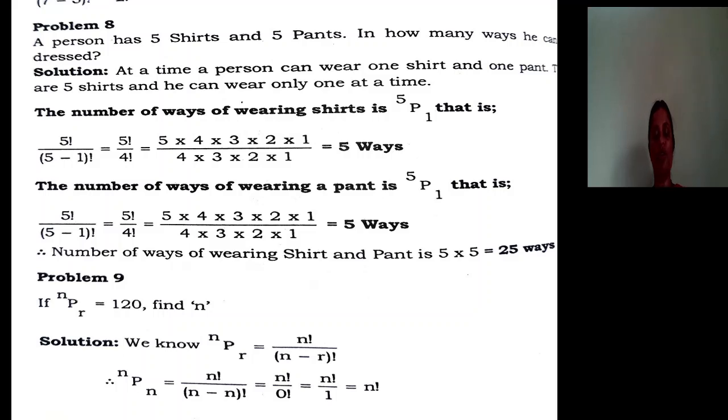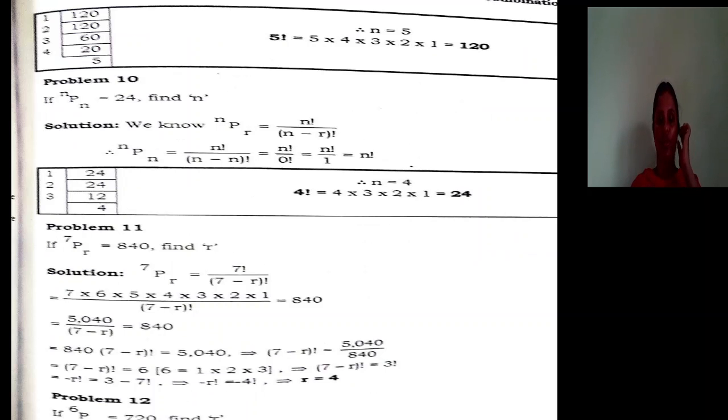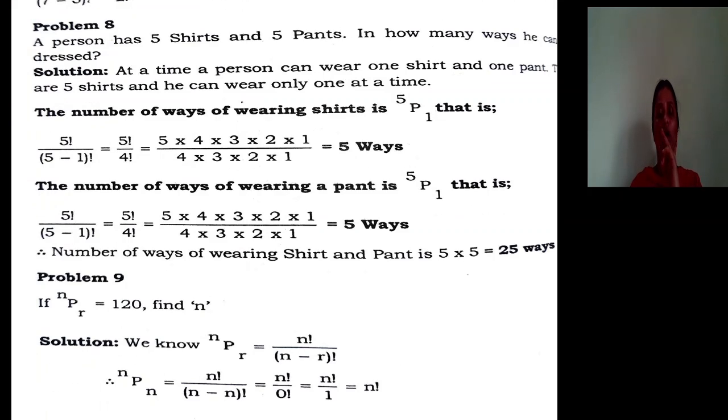So n factorial divided by 0 factorial, and 0 factorial is always 1. n factorial divided by 1 is equal to n factorial. So try to understand, n is equal to how much? That is what they asked. So nPr is equal to 120. If r is also n, 120 is equal to n factorial.